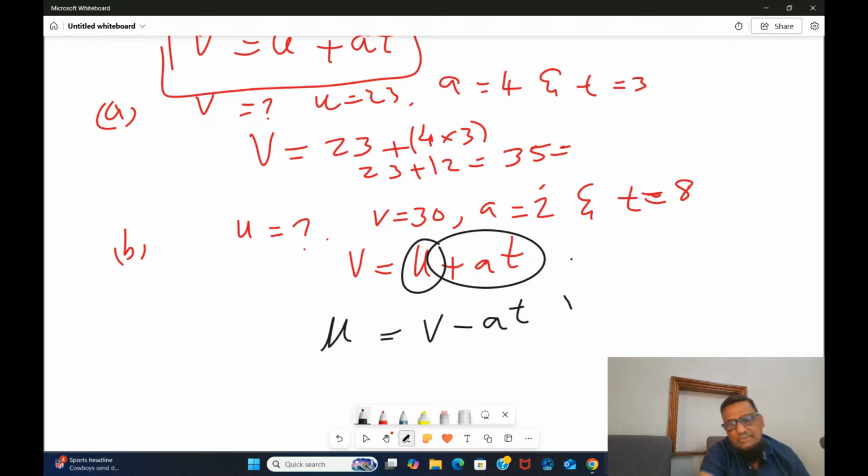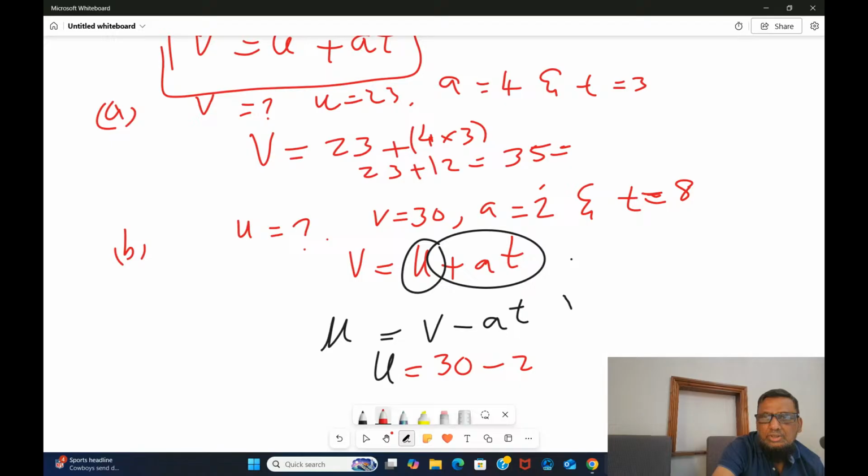We need to find the value of u. Now you can put the value in. Keep the u as it is, and v is 30, same as a is 2 and t is 8.